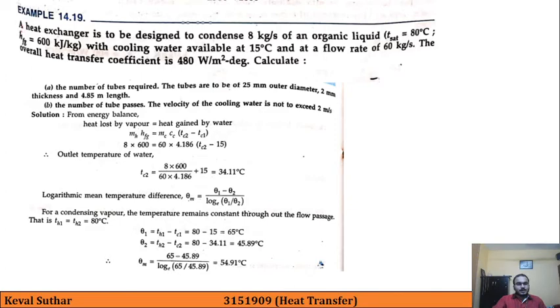A heat exchanger is to be designed to condense 8 kg per second of an organic liquid that is at 80 degrees Celsius saturation temperature and hfg as 600 kilojoule per kg.